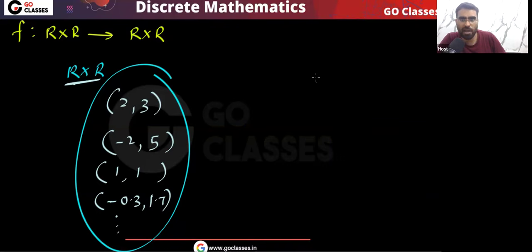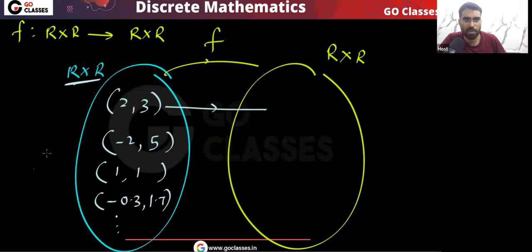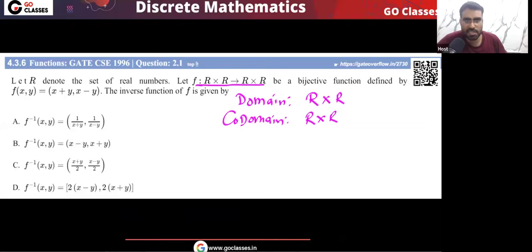And from R cross R to R cross R, you have this function f. So tell me, what will be the image of 2 comma 3? The question is saying the image of x comma y, f of x comma y, is already given to you.